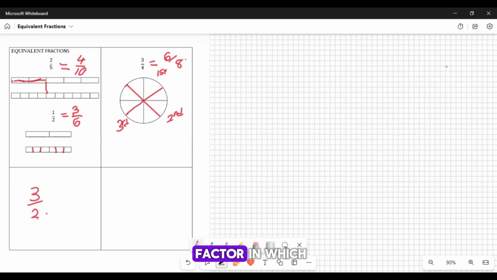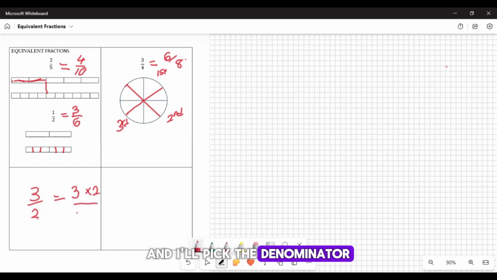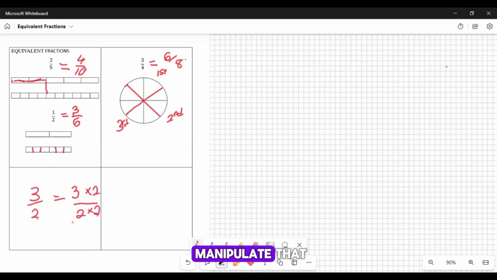So you find a factor by which, when you multiply through this fraction, you're going to get 4. This is what I would logically do. I will take the numerator and multiply by 2, and I'll take the denominator and multiply by 2, so that the denominator will be 4. So this will give me 6 out of 4, which is the same as 3 out of 2.